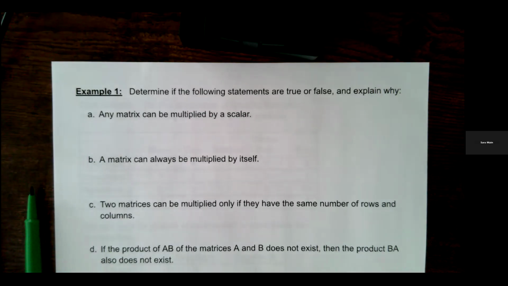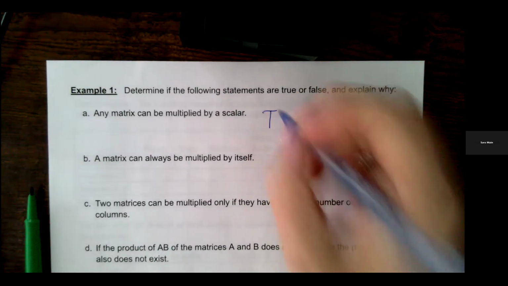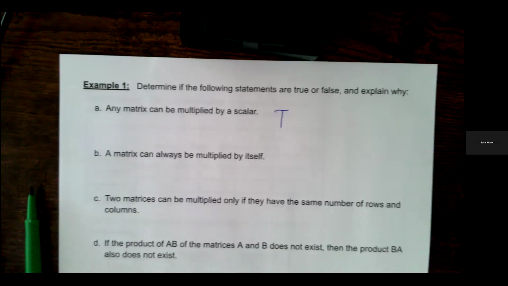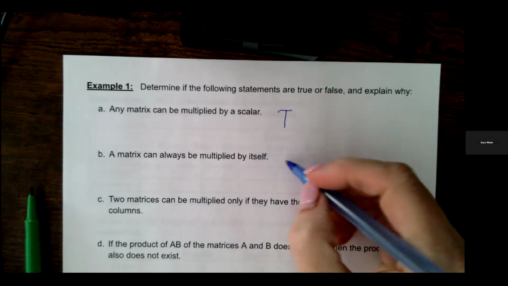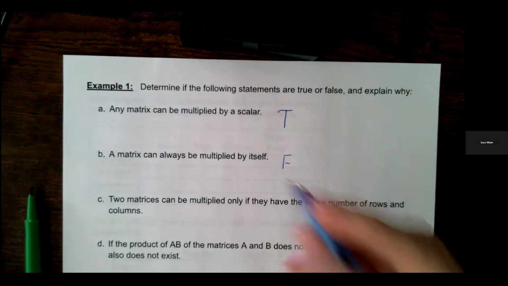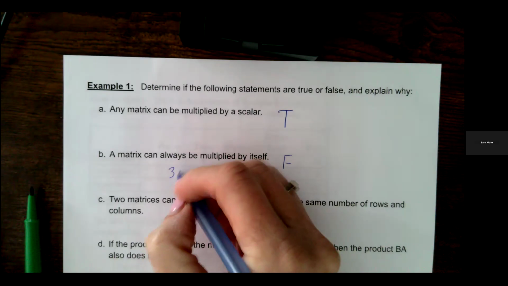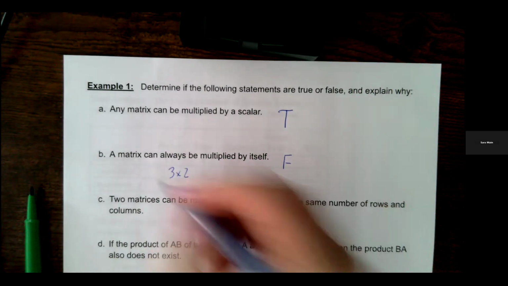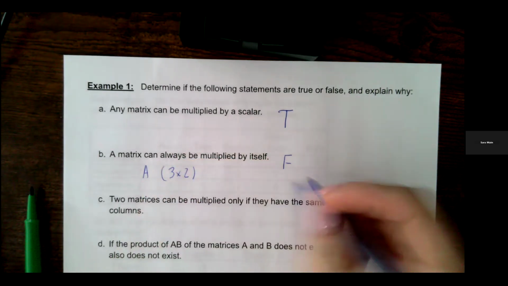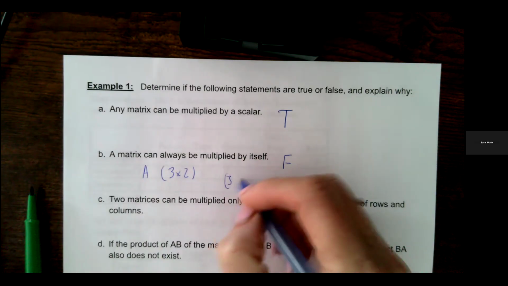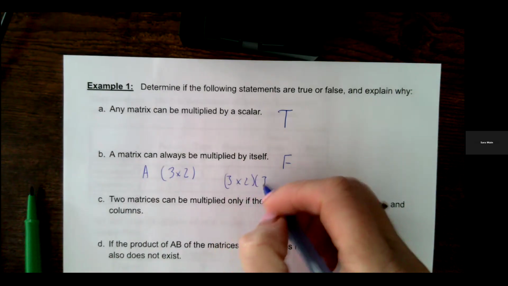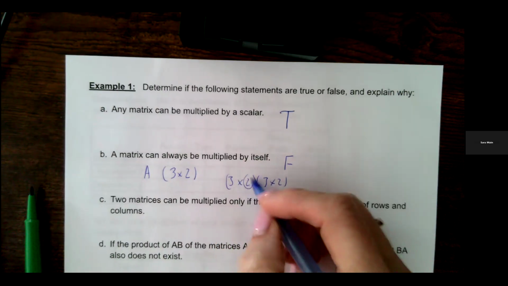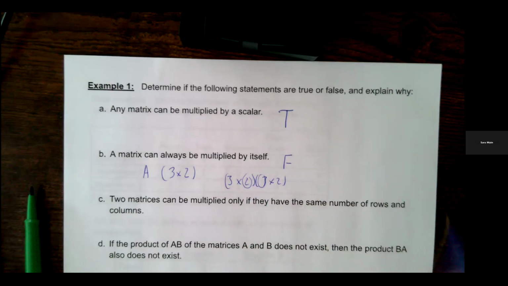Any matrix can be multiplied by a scalar. A matrix can always be multiplied by itself. That is not true because, for instance, if you had a 3 times 2 matrix and you tried to multiply a 3 times 2 times a 3 times 2, these are not the same, so that won't work.